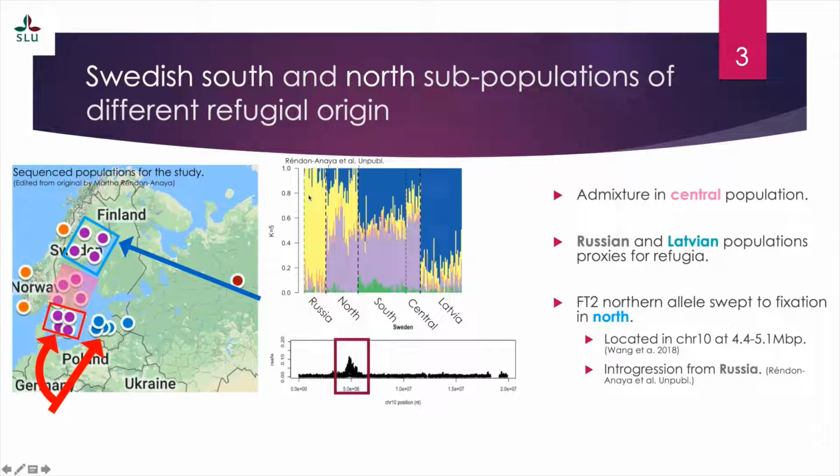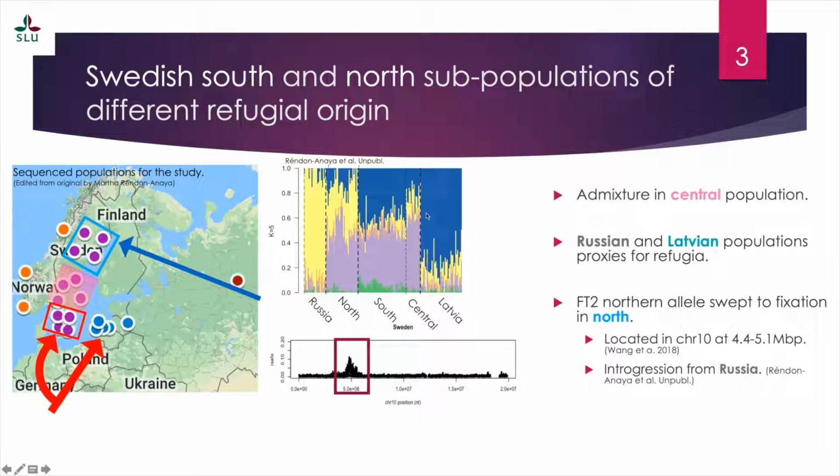And this is supported by this structure plot I have here. If we look at the north population, we can see that there is quite a large proportion of Russian influence, whereas the Russian influence is far lesser in the south and central populations.